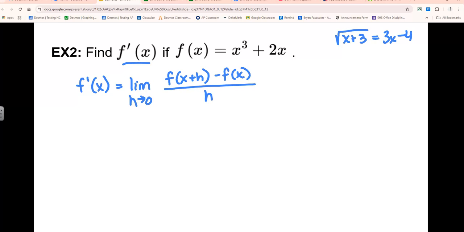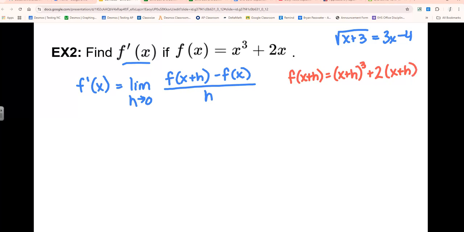You don't have to write that, but I like to write it every time for now, just to reiterate that formula over and over again. So in this case, f of x plus h is a doozy, because you've got to do (x plus h) to the third power plus 2 times (x plus h).